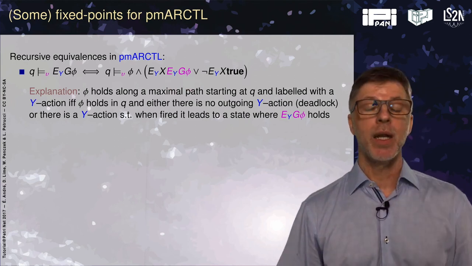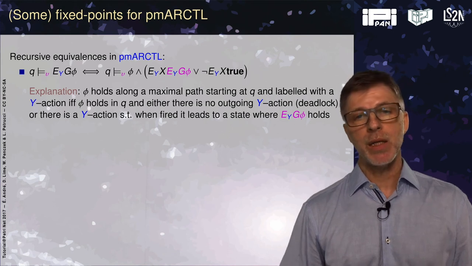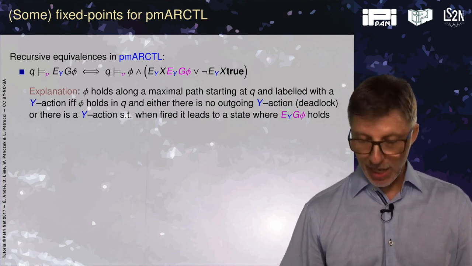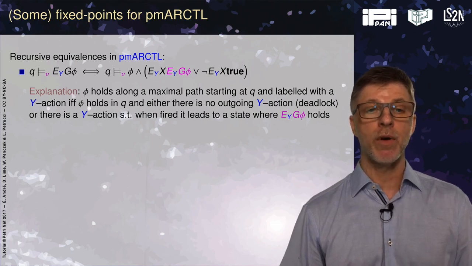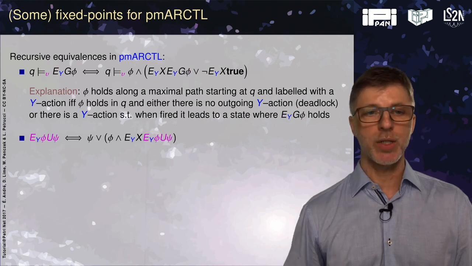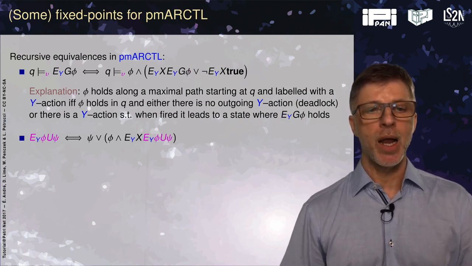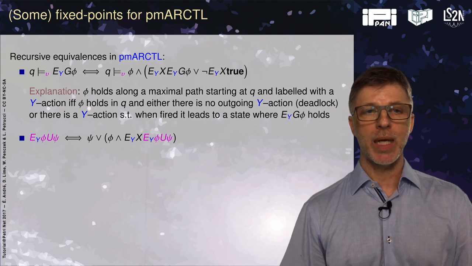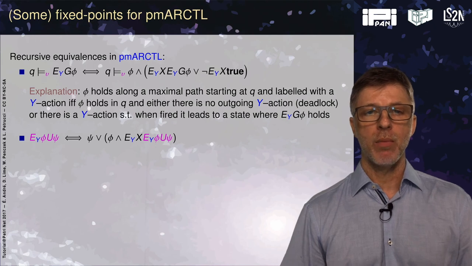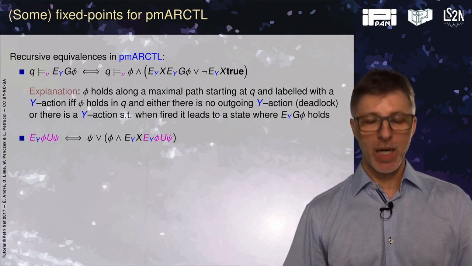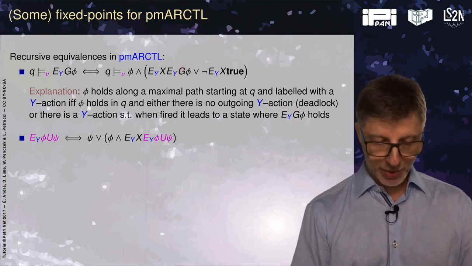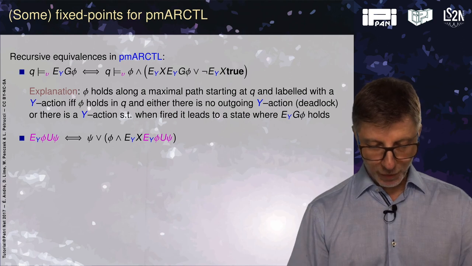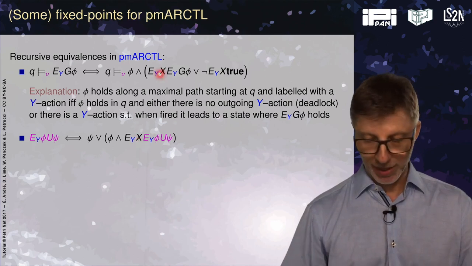So solving the model checking problem is in fact finding fixed points, and such an equivalence can be written not only for EYG phi but also for EY until. So we have recursive equivalences of our modalities, as you can see here, that repeats here, that repeats, and for that we use these next step operators.